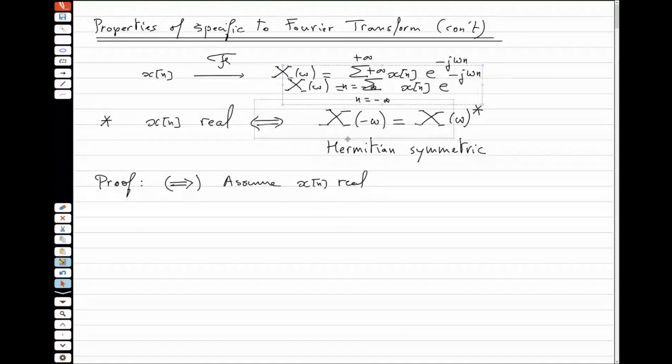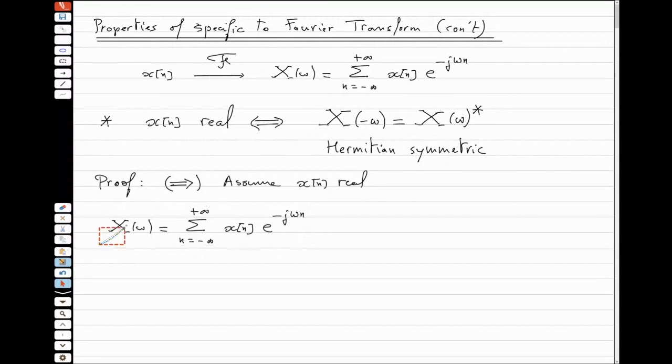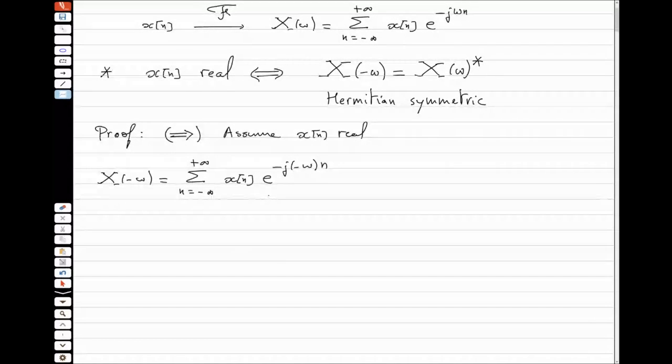You take X of omega and you replace omega by minus omega. All right. Now, I'm sure everybody agrees that this can be written as e to the minus j omega n conjugate, right? Meanwhile, can I write that this is x of n conjugate?